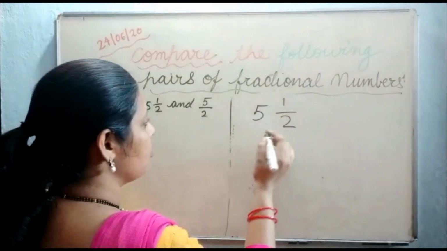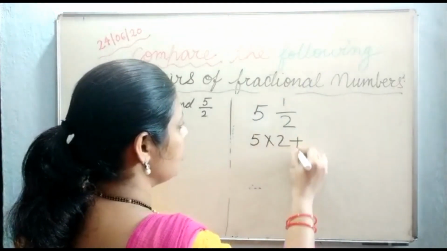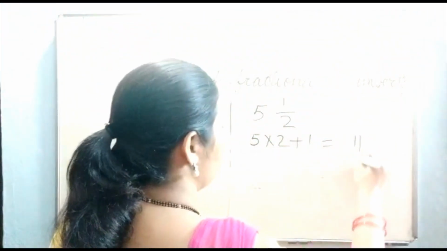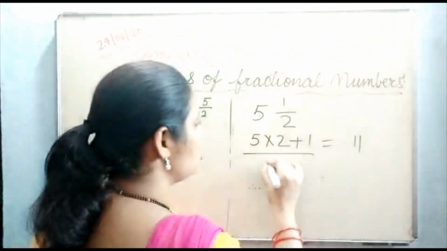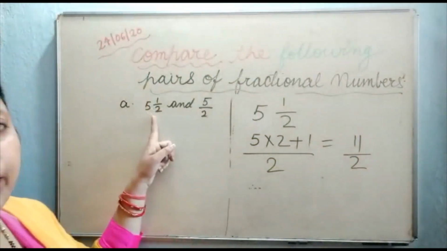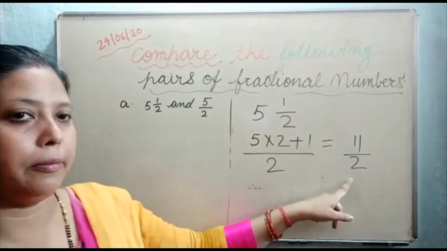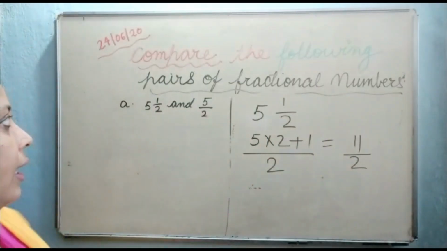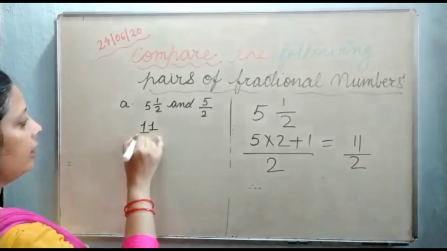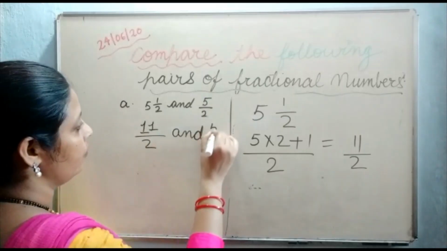So 5 2s are 10 and plus 1. This is 11 and 11 has to be divided by 2. This mixed number is represented as 11 by 2. So we write it 11 by 2 and 5 by 2.